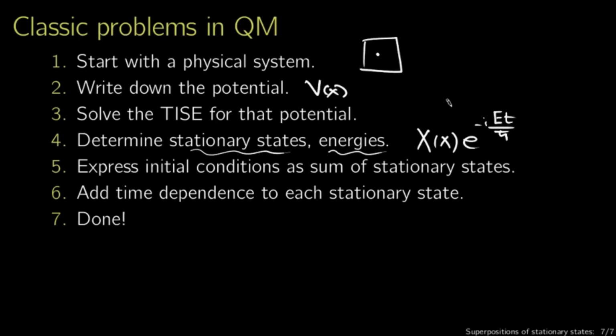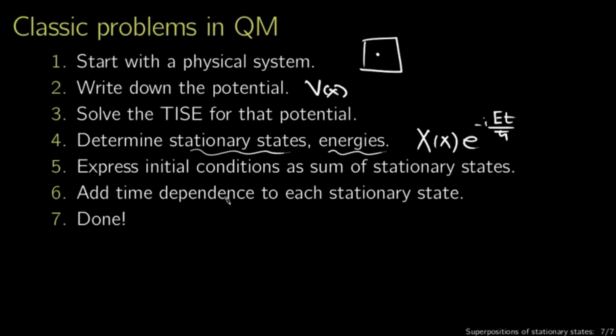It's telling you what the stationary state looks like. The next step, and we'll talk about this in great detail, is the expression of the initial conditions of the system as a sum of stationary states. Superpositions of stationary states are also going to be solutions to the Schrödinger equation. So if you can express your initial conditions as a superposition of those stationary states, you're good.